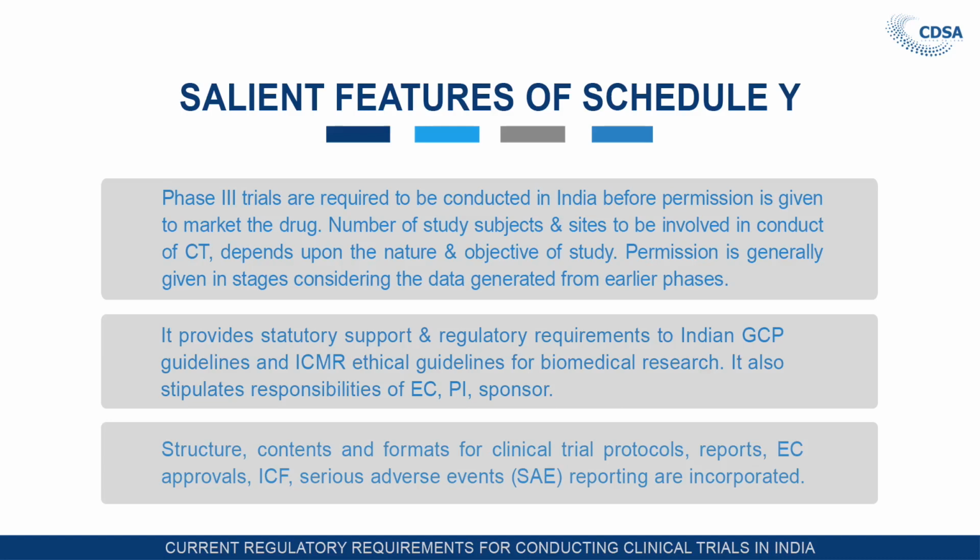The permissions for the phase 1, phase 2 and phase 3 are generally given in stages considering the data generated from earlier phases. If the phase 1 is successful with the positive result, then they are allowed to go for phase 2 and then subsequently phase 3 and phase 4.